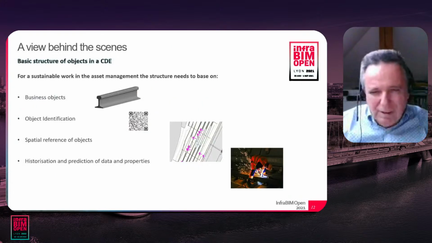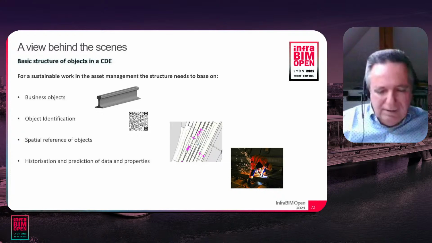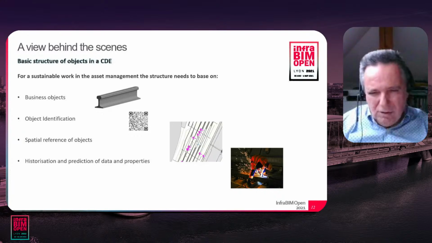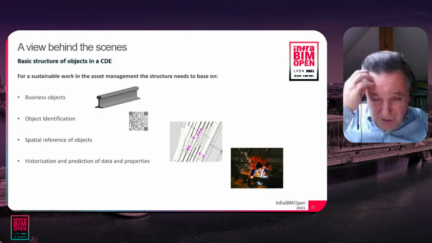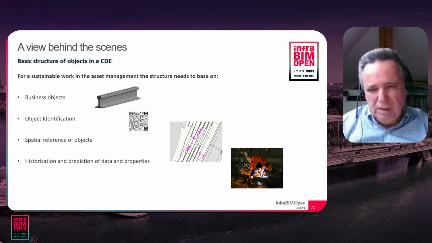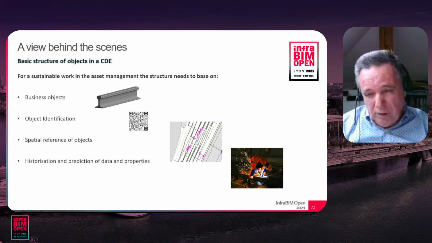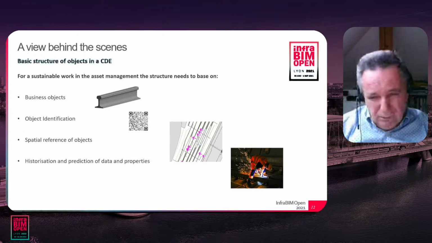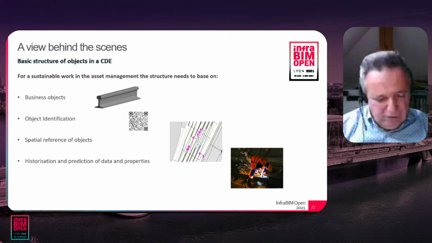So if we look a bit deeper into the CDE, what is the structure of such an object? Of course, we need the defined business objects, which are to be maintained in the BIM. And for each object, we have three main parts which have to be defined. Firstly, we have to define object identification.